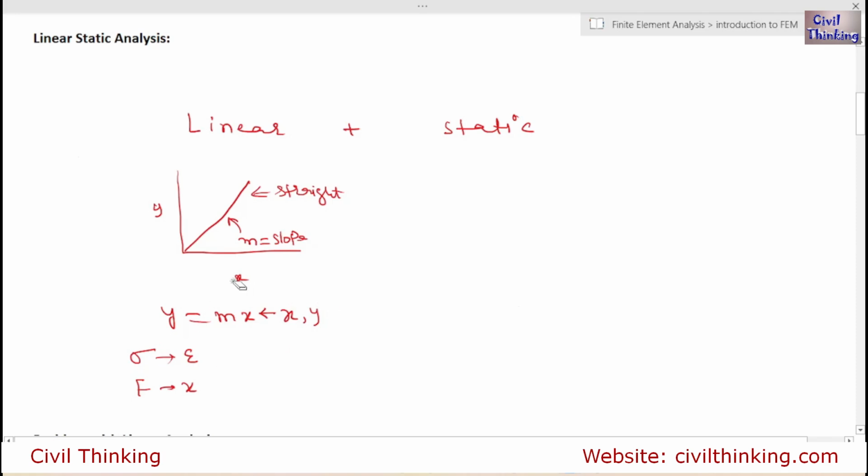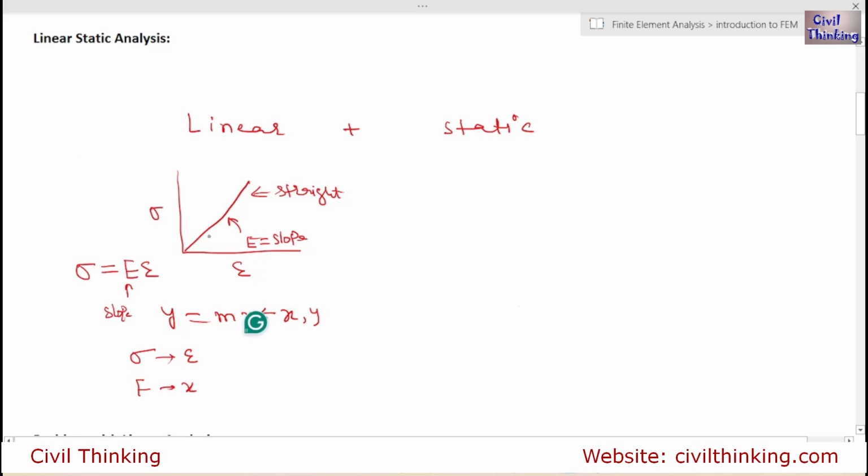If I replace this with strain, and I replace this with stress, then according to Hooke's law, stress is constant E times strain. Now what is E? Because m is the slope, in place of m we have E, so E is the slope here, which is Young's modulus.